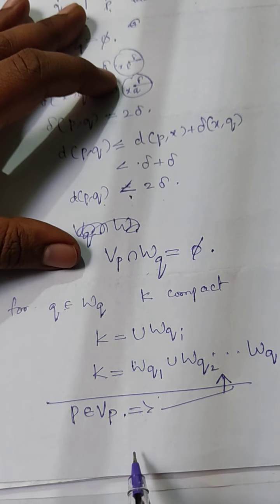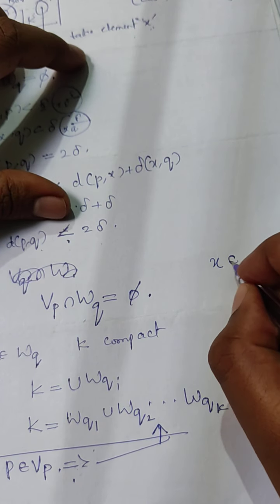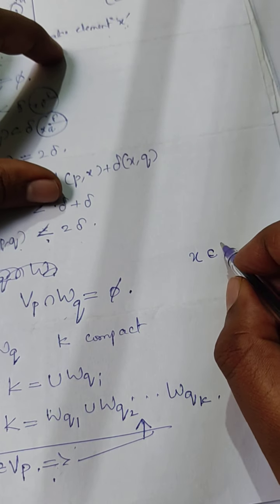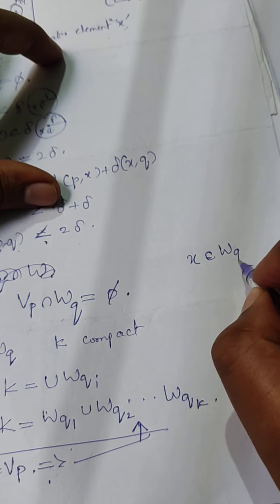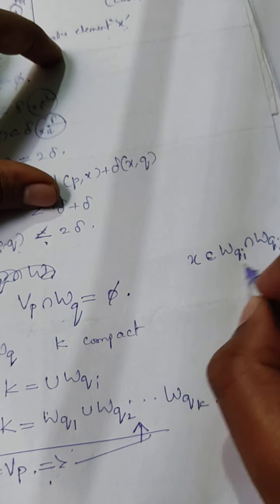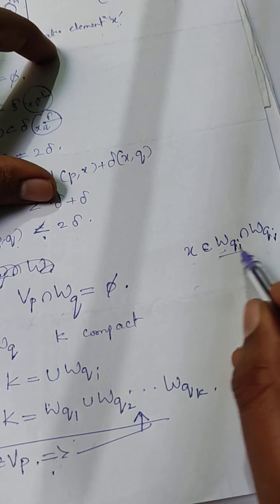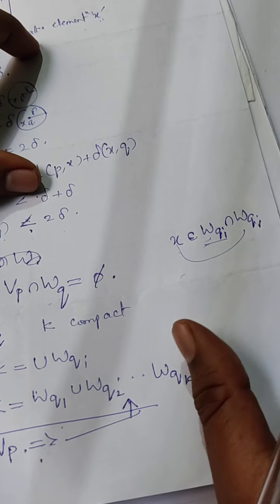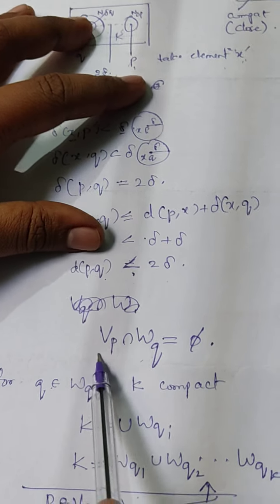All right, so if we are considering a point X that belongs to this VQ over i intersection J, then that implies X belongs to this and X belongs to this. So this is the contradiction, hence we get the contradiction even though we know that the intersection of these is empty.